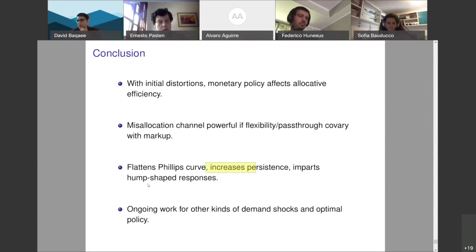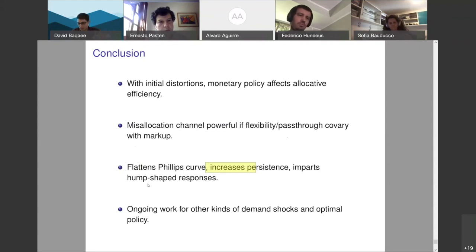That's one thing we know, which is that the markup distribution is quite dispersed in ways that aren't just explained by firm size. And so if you have that, that's potentially going to affect you at every step of the way. It's going to affect you in terms of how you map the model to the data.